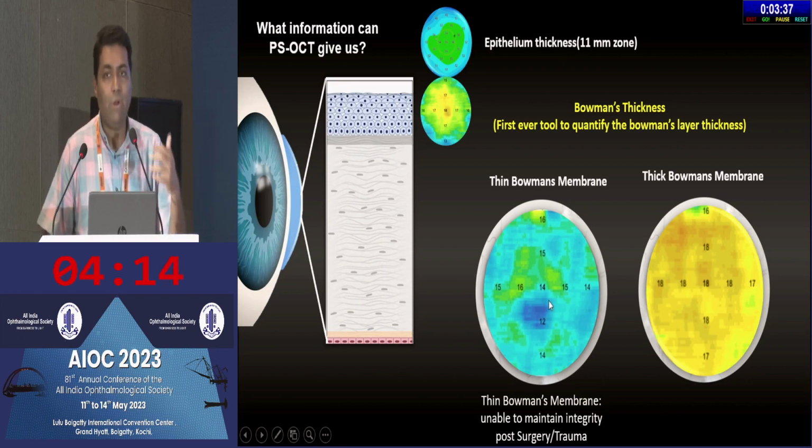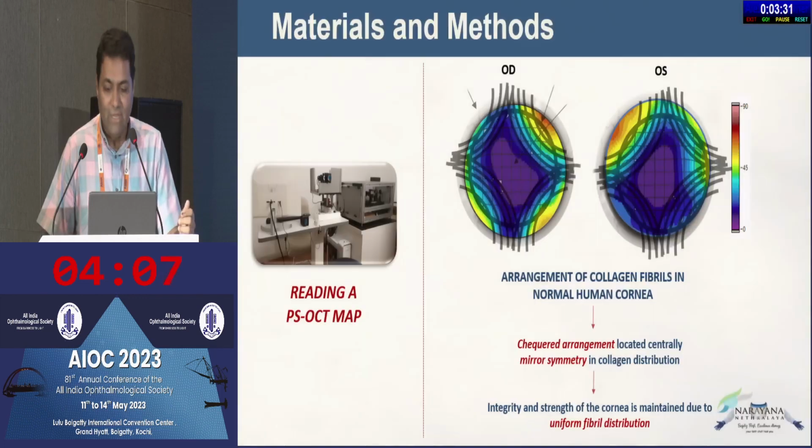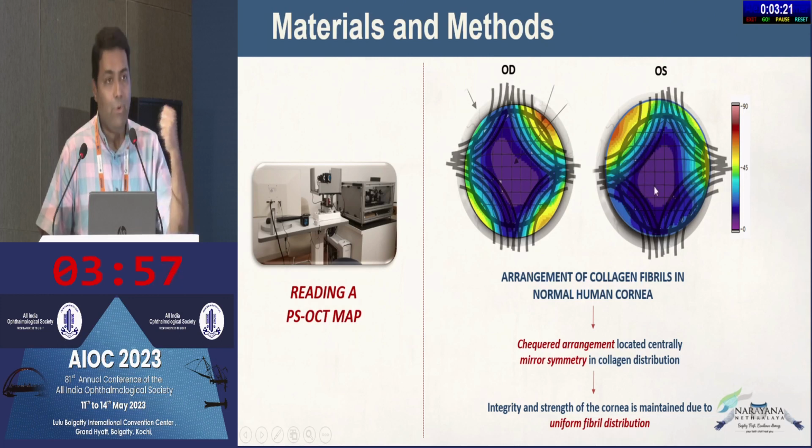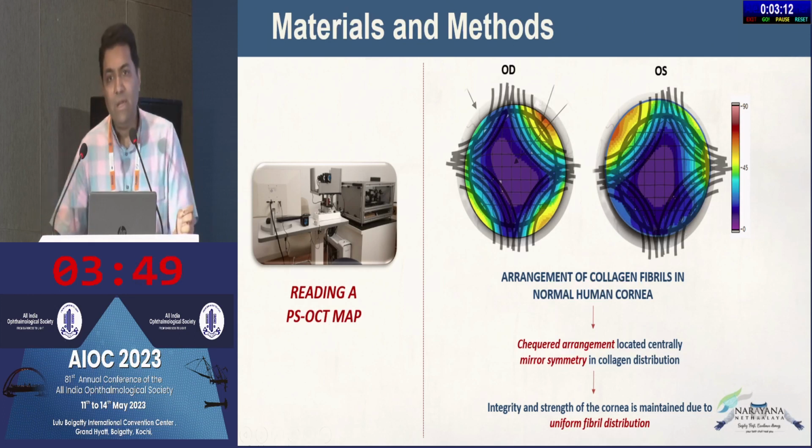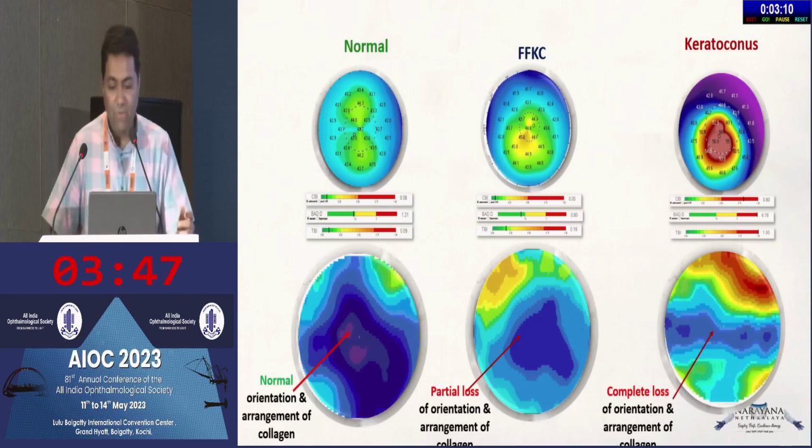And we all know how important Bowman's is, because along with the epithelium, this is one of the first layers to become thinned out. The collagen fibrils suddenly become clearer because the darker the shapes, the tighter the orientation and the stronger the properties. And these are your peripheral anchoring fibers. It takes around 1.5 minutes to image both eyes, and now we have our own software.